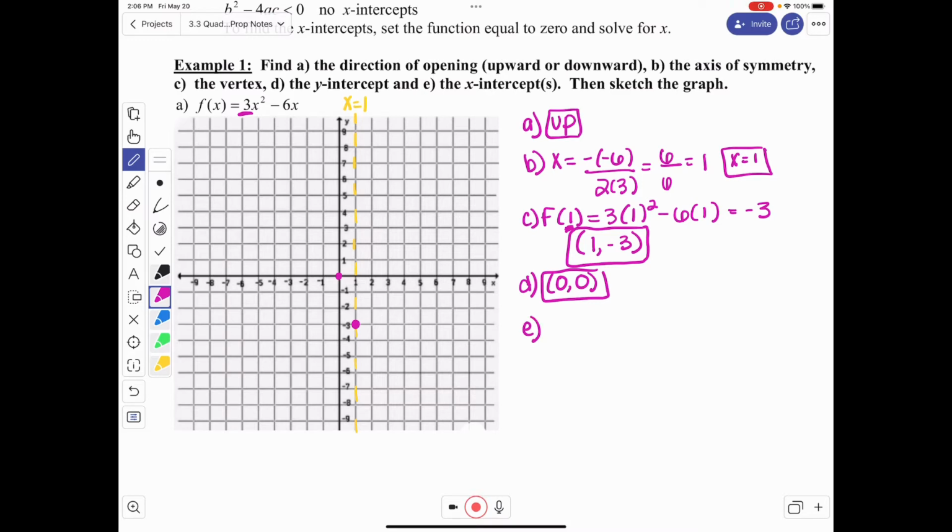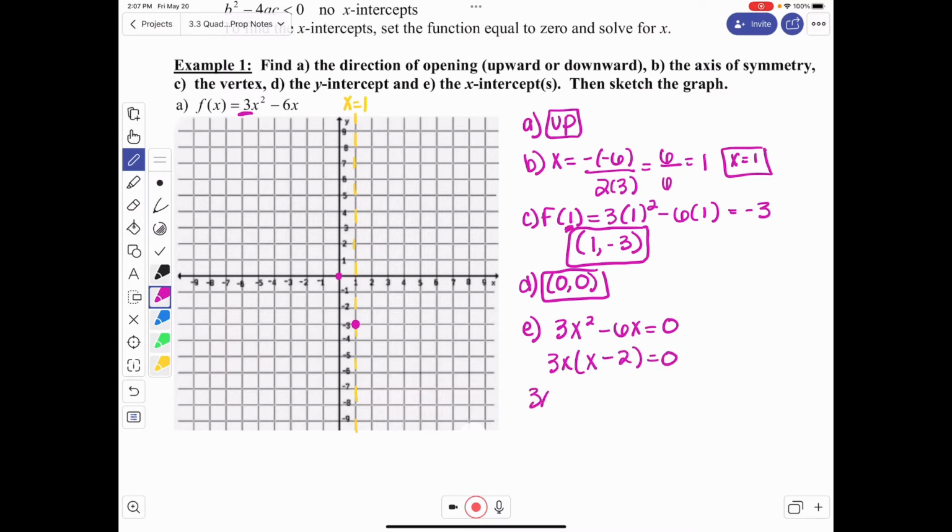Okay. If we think about our x-intercepts, we can see where our vertex is and it opens up, so we know that it's going to cross the x-axis. In order to find those x-intercepts, we take 3x squared minus 6x and set it equal to 0 and solve. I'm going to start by factoring. I'm going to factor out a 3x, which leaves me with x minus 2.